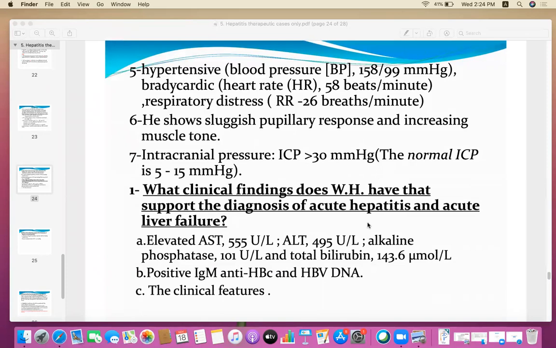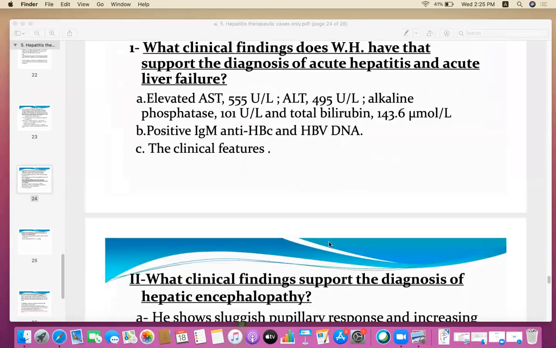What clinical finding in this patient supports the diagnosis of acute hepatitis and acute liver failure? All these elevated enzymes, including AST, ALT, alkaline phosphatase, total bilirubin, and positive anti-HBc and HBV DNA, plus clinical features, indicate the patient has acute hepatitis and acute liver failure.